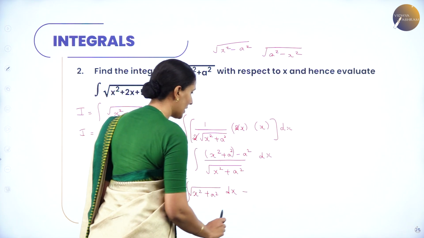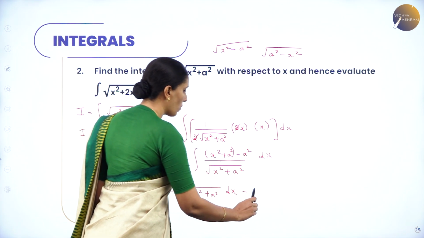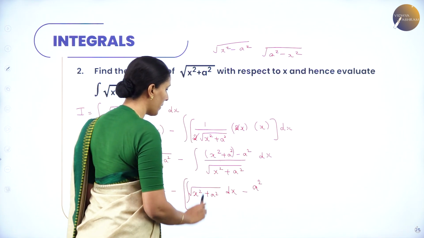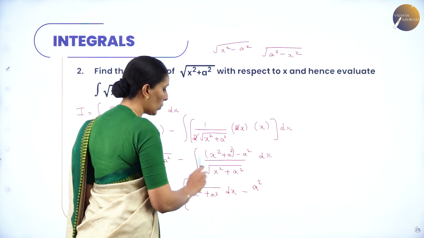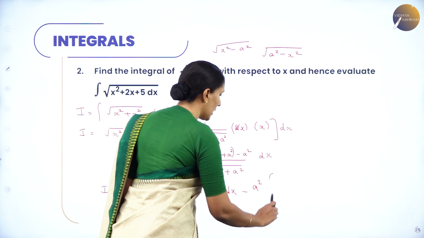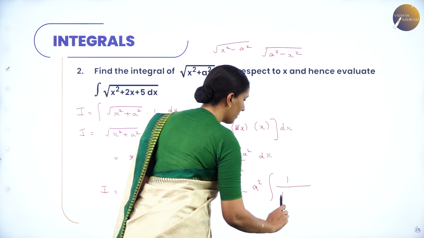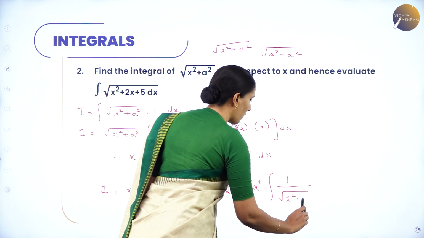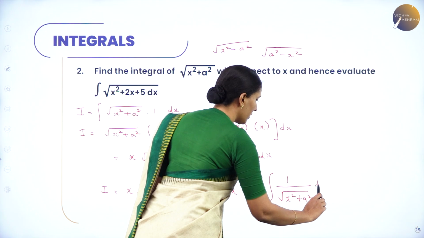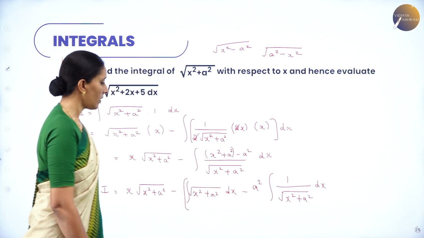Then I have minus a square, which I'll take outside the integral because it's common. Then a square by root of x square plus a square is the integration of 1 divided by root of x square plus a square with respect to dx.